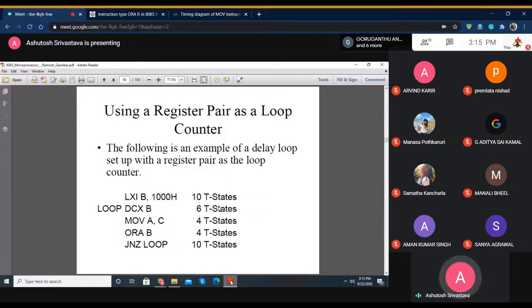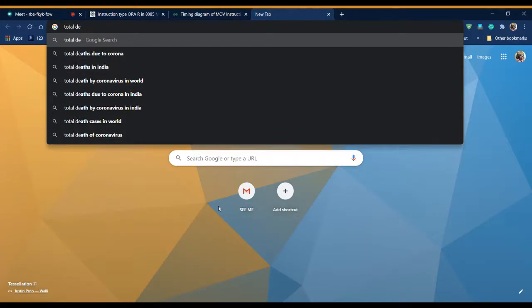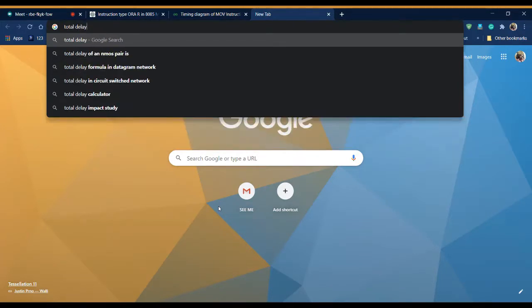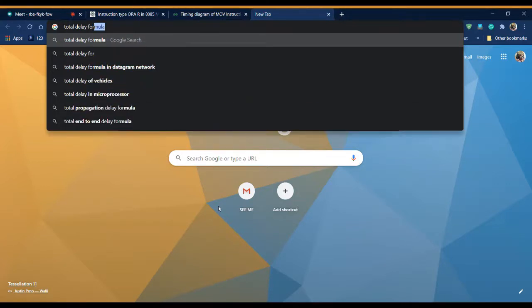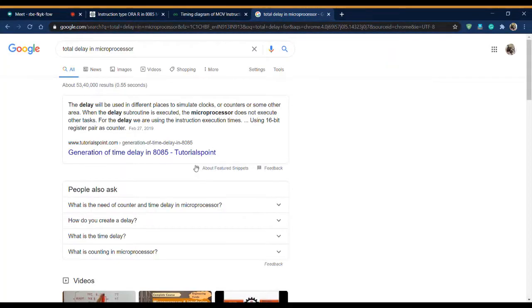Have you been able to calculate the total delay for 1000 and 1010 values? Tarun? Maybe there is some network problem.